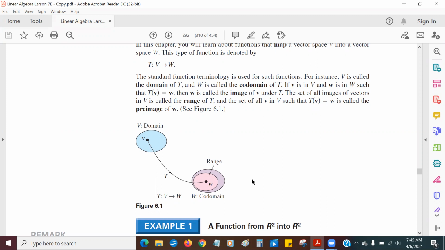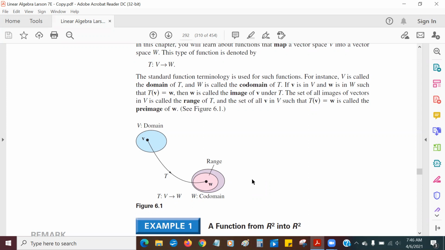Now, a linear transformation basically is just a function. What's special about it, or a little different than what we're used to: usually we have a function, we stick in a number and it spits out another number. We stick in a real number, it spits out another real number.